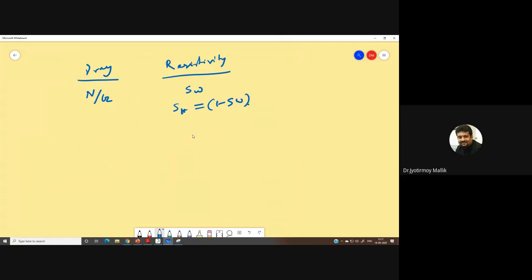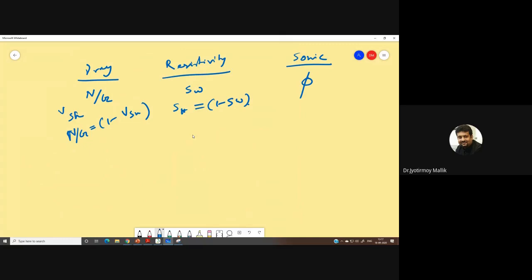From gamma ray, actually, we have calculated V shale. Remember, we don't calculate net to gross directly; net to gross is equal to 1 minus V shale. And from sonic, I have calculated porosity phi.